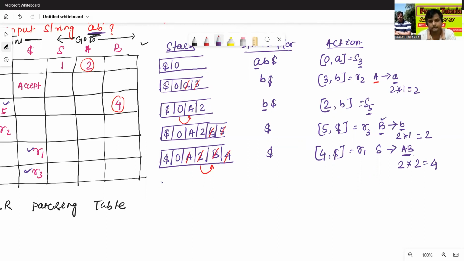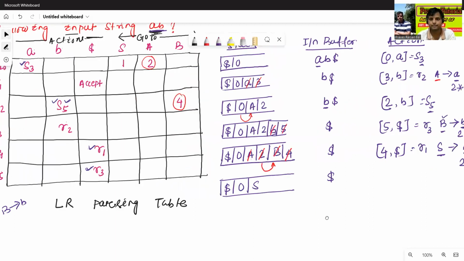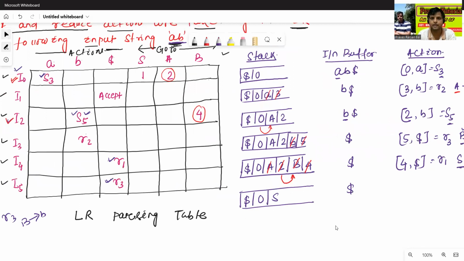See here, this is dollar, this is 0. Then these 4 elements are replaced by this S, then dollar. Now we'll perform the go to action. What is the meaning of 0 to S? 0 to S is 1.